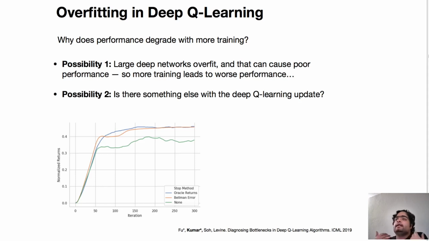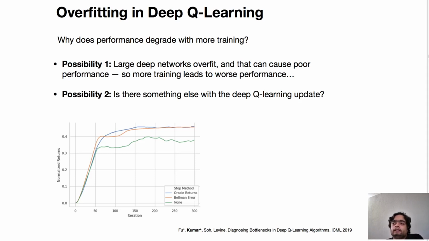If I had access to privileged information, such as being able to do rollouts in the environment, and I can figure out in this oracle way when to stop, and that oracle early stopping gives me benefits, then that probably suggests that there is some contribution of the first possibility, which is that large neural networks overfit, in this whole problem of performance degrading with more training.